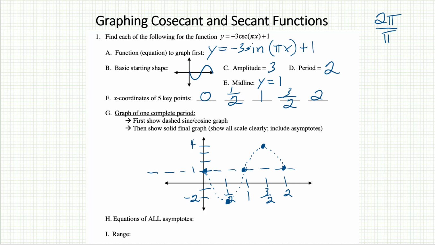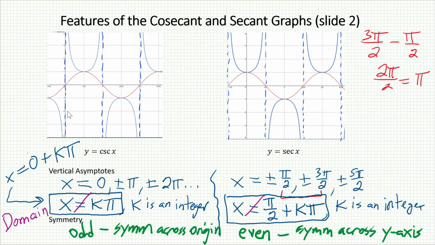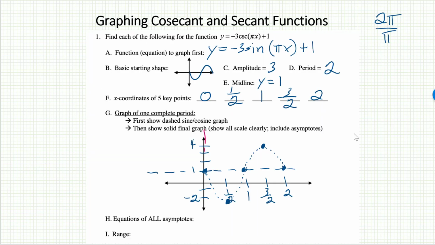Okay, now we can easily draw on the cosecant function. Every hill gets an upward U. Every valley gets a downward U. Where do the asymptotes go? The asymptotes happen at the midline spots. And so for us, that would mean an asymptote here, an asymptote at 1, an asymptote at 2, at all those midline spots.